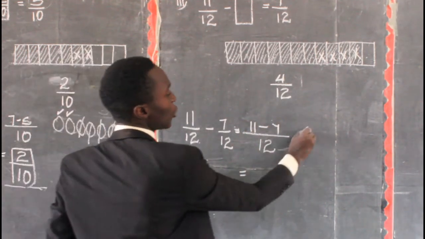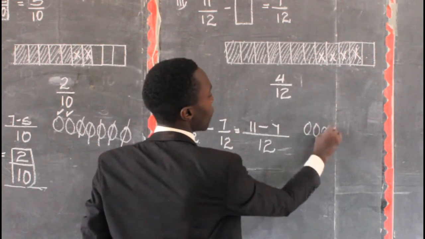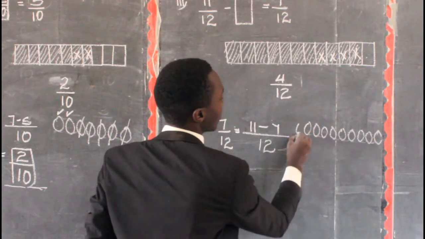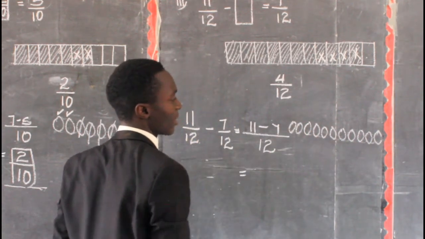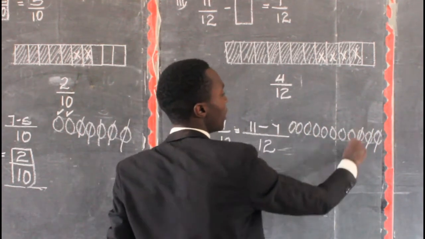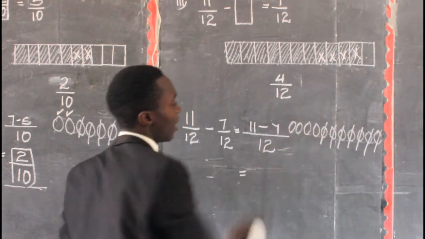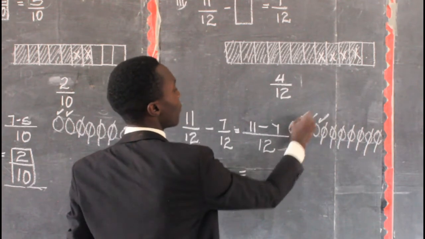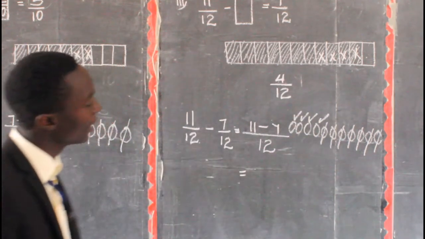Let us first count. 1, 2, 3, 4, 5, 6, 7, 8, 9, 10, 11. Minus 7. Subtract 7. 1, 2, 3, 4, 5, 6, 7. How many do you remain with? Let's count. 1, 2, 3, 4. I remain with only 4.